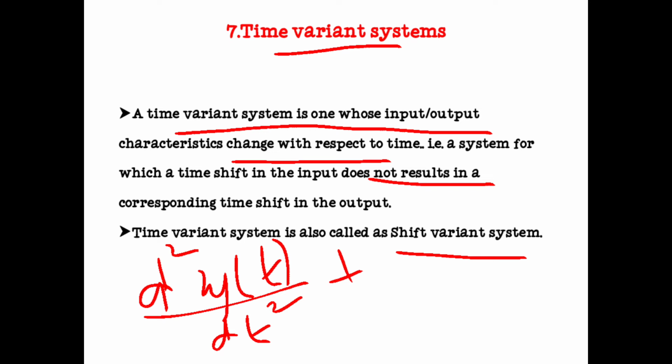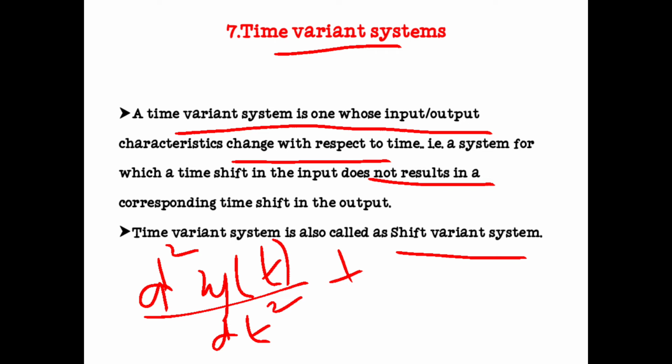In those cases, if the coefficients of the differential equation are constants, then the system is time invariant. If the coefficients are functions of time, then the system is time variant.